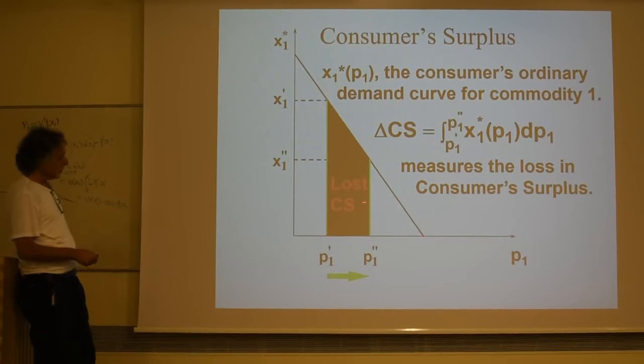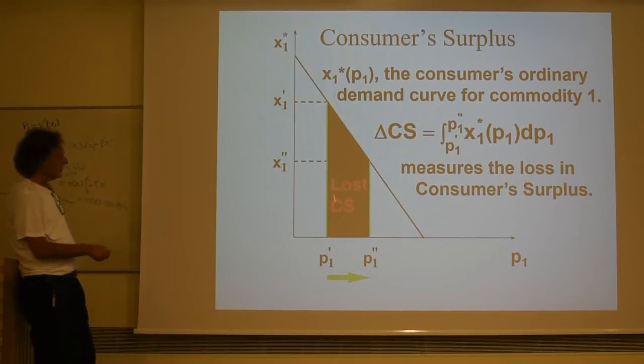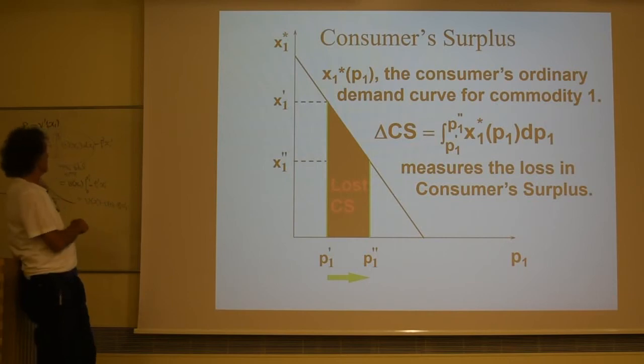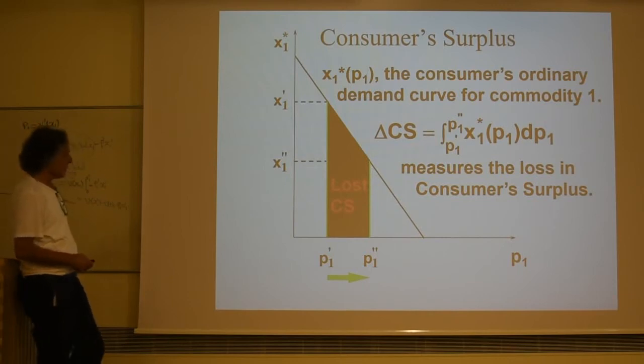So I'm going from 0 to x1 prime, or from 0 to less, to x1 double prime, and therefore the difference is actually this minus this, but in any event it's this, if I look at it in this way. I suggest not to be confused. I'm perfectly fine with the case where you just measure it with the inverse demand function.